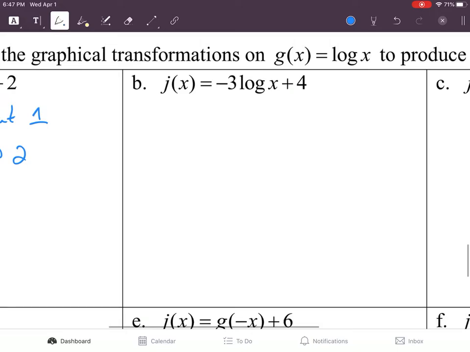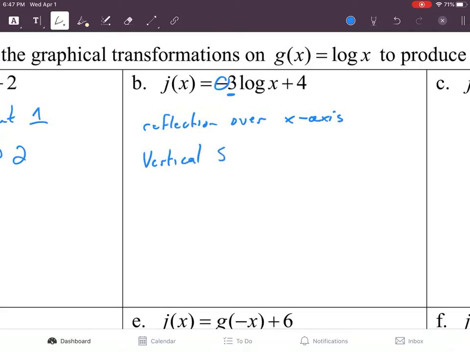All right. Next, we have 3 different transformations. We have a reflection over the x-axis. That is the negative sign. All right. The 3 is a vertical stretch by 3.